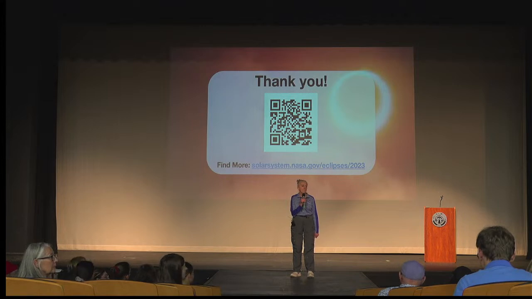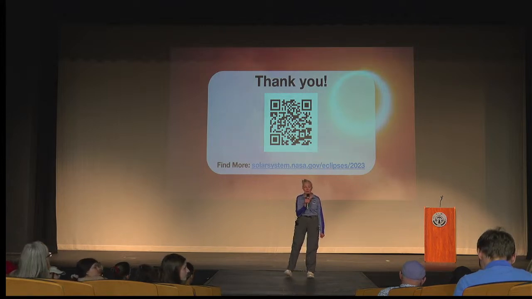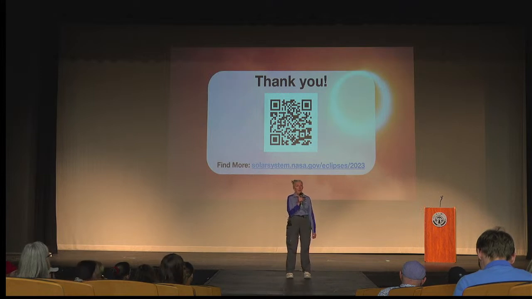Why are some eclipses longer than others? That is an excellent question. It depends on the geometry of the eclipse. It depends on the moon's distance from Earth, mostly, and the orbit of Earth around the sun.